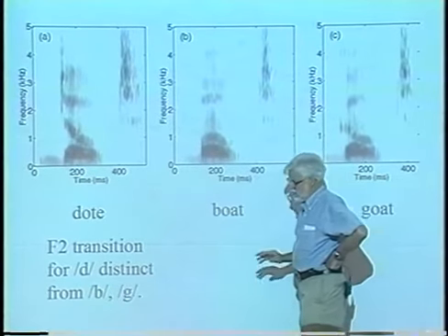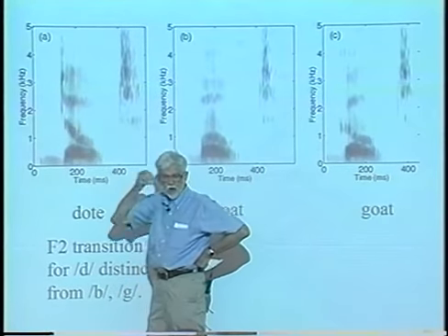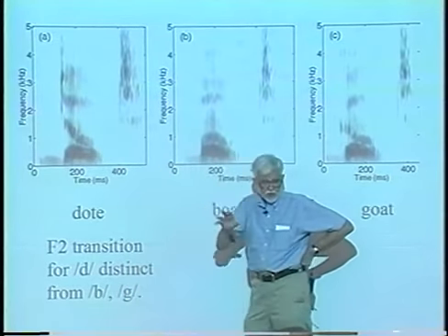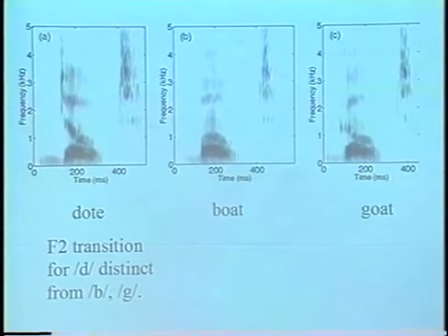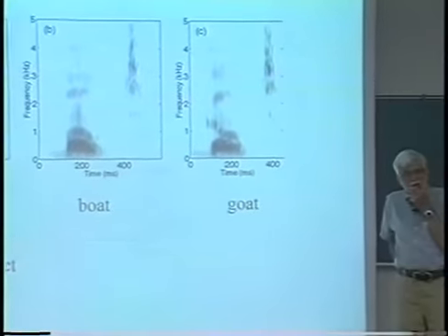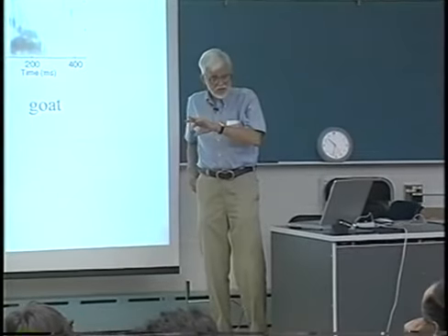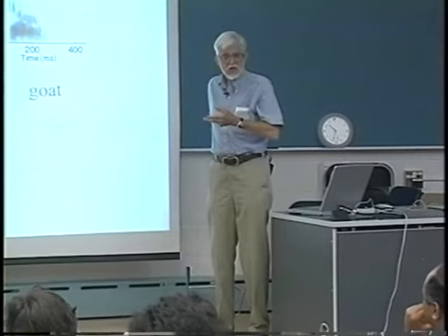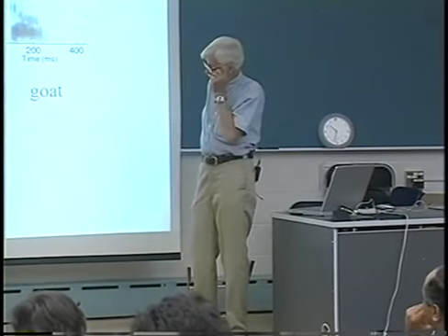So the higher F2 means that you fronted the tongue body, which you don't necessarily do in all languages. And that we think of as an enhancing gesture. Okay, that is, you don't call these alveolar consonants minus back, because that's not distinctive in the language, but it's an enhancing of this feature which we call plus anterior. Okay.